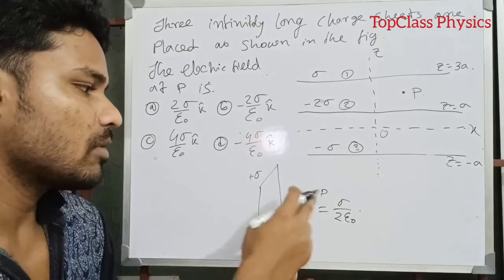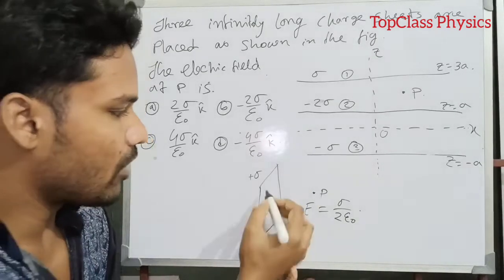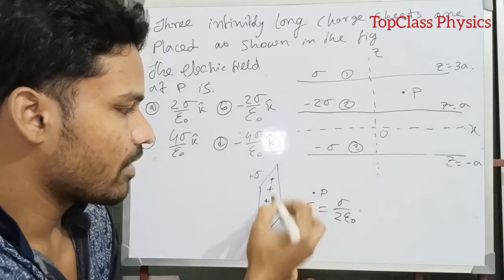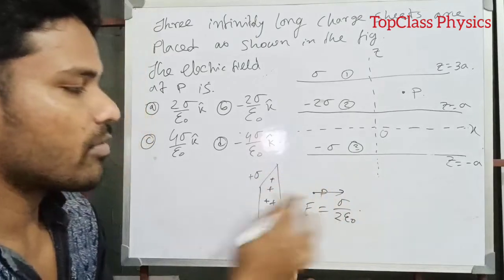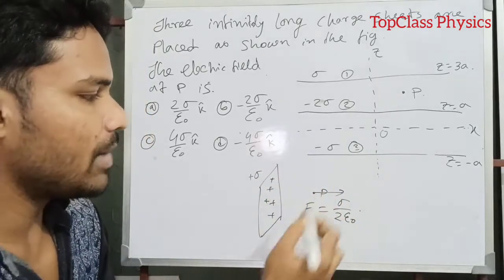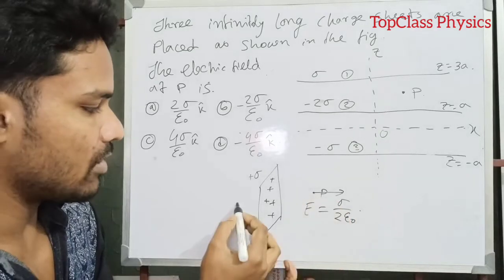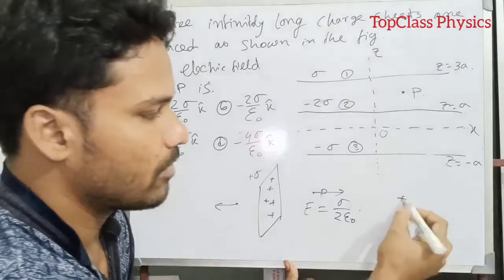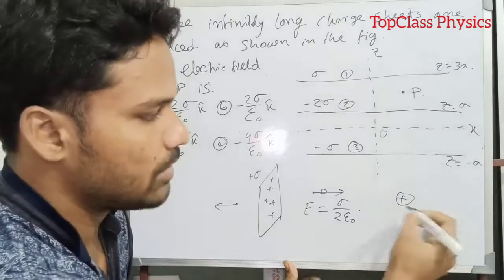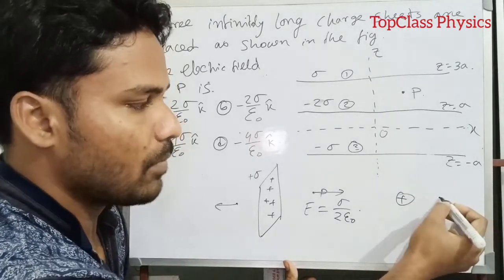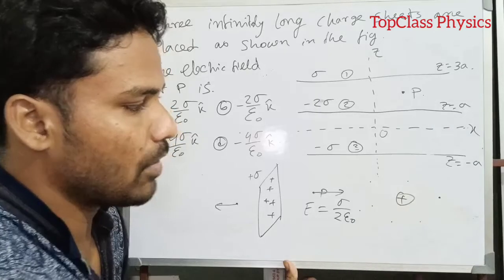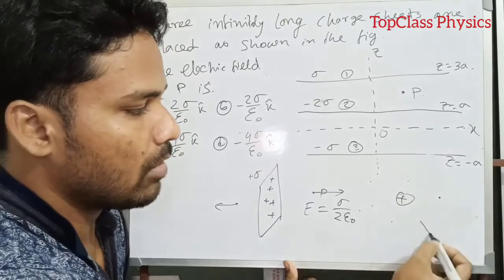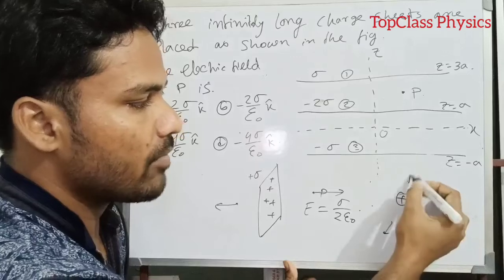And what is the direction of this electric field? As we know, for plus charge, the direction is always away from the plate. For this point also, it is away from this plate because this is plus charge. If I take any positive charge, any point around this charge, the electric field is always away from that charge.